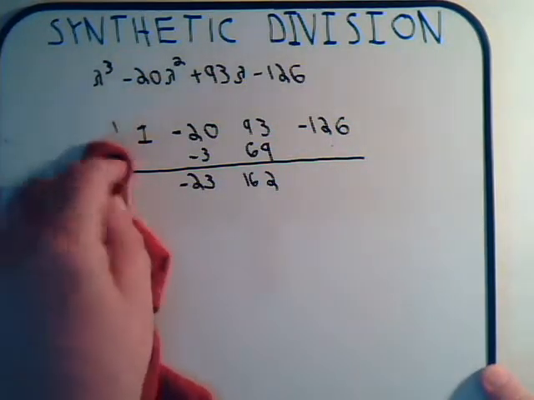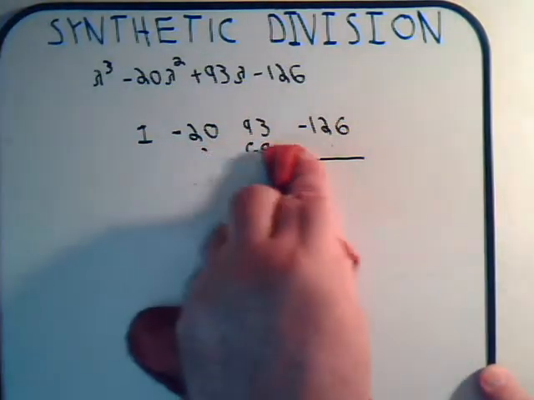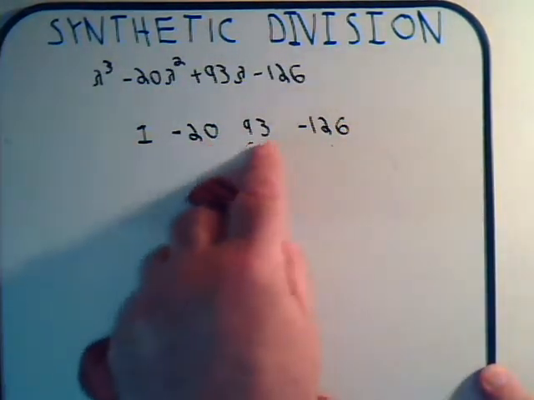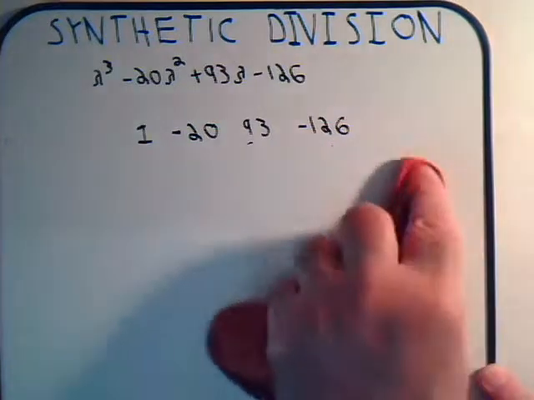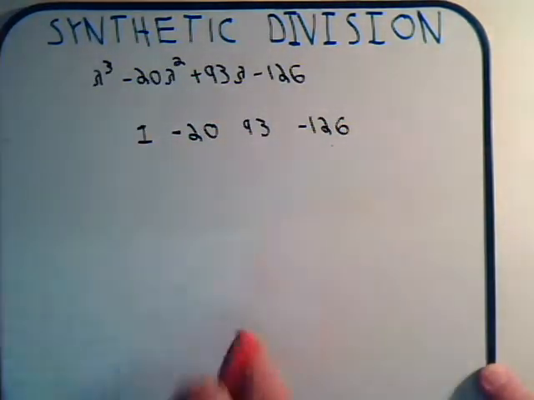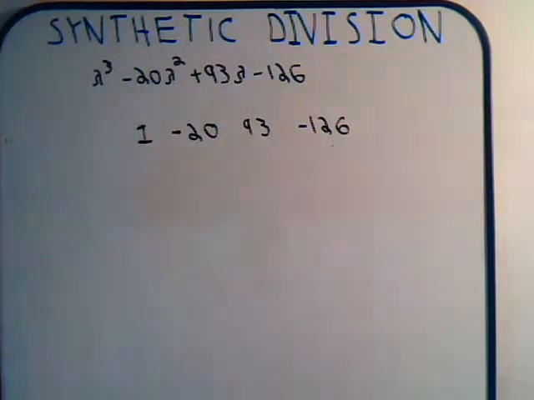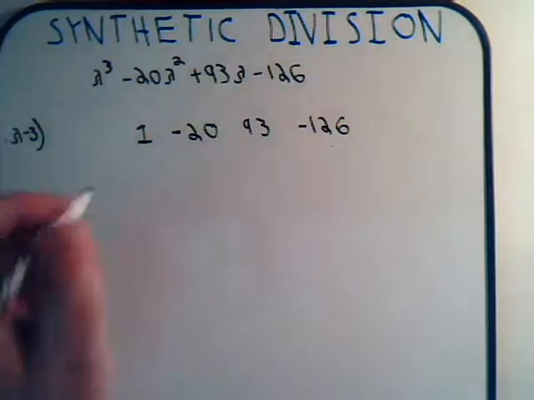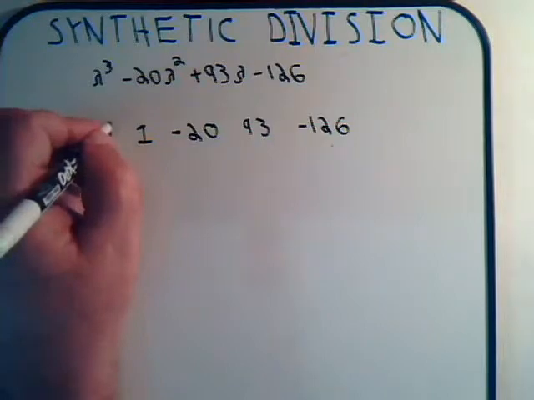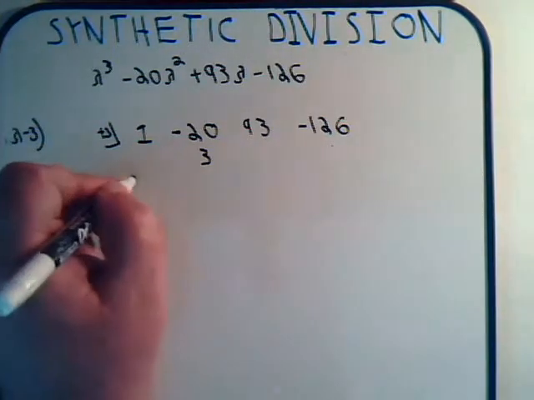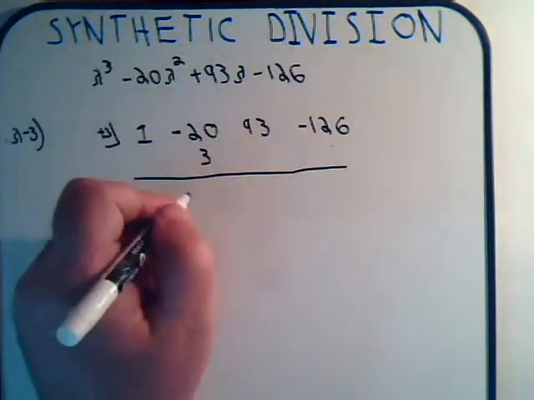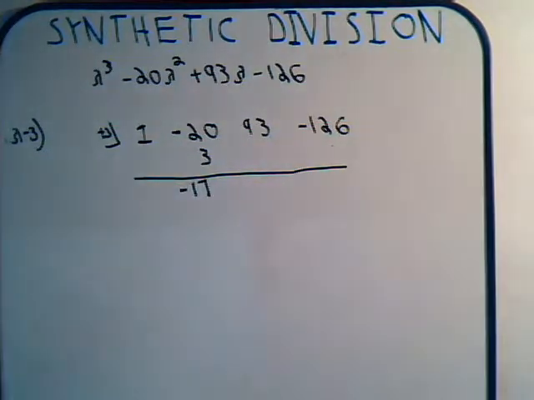How about lambda minus 3? We're just moving on by trial and error here. Lambda minus 3. Now here we write down plus 3. This is plus 3. It looks like this would be minus 17. 17 times 3, 51.